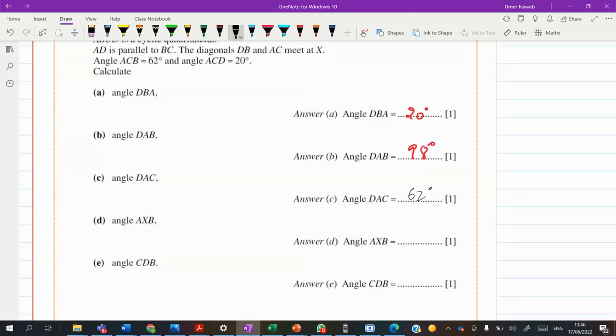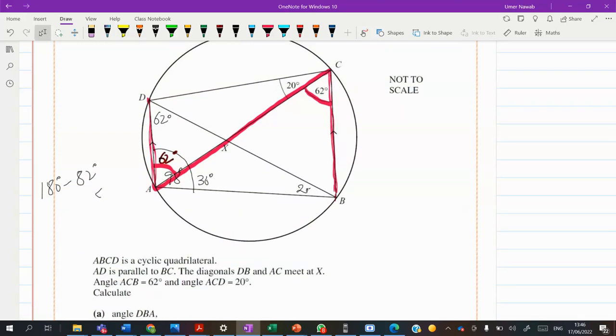Now AXB. This angle, we can easily find it. This is 36, this is 20. We can subtract the sum of 36 and 20 from 180, and then it gives you 124. No need to mention it. 180 minus the sum of 36 and 20, later you can calculate it and it will be 124.